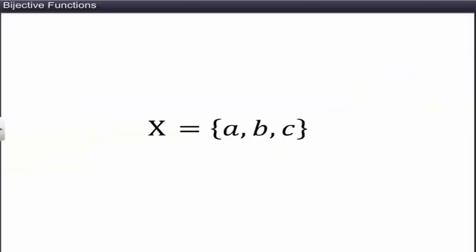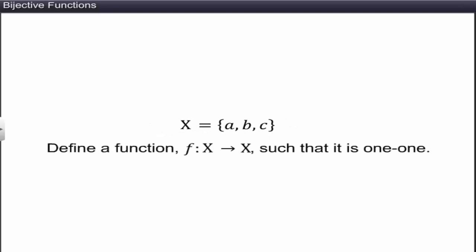Consider a finite set X with the elements a, b and c. Let us define a function f from X to X such that it is a 1-1 mapping.